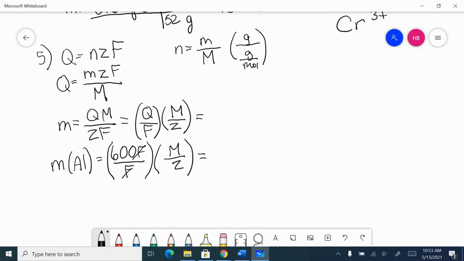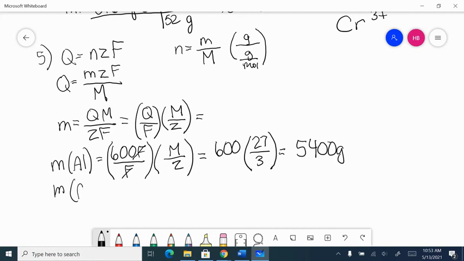So in this case, it would be 600 times the molar mass for aluminum divided by the charge, which gives me 5,400 grams.